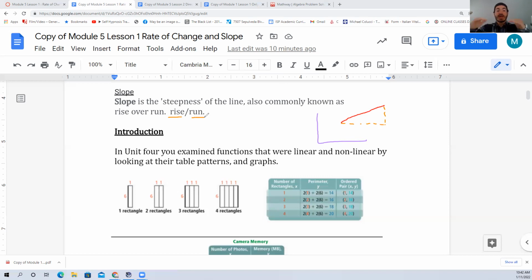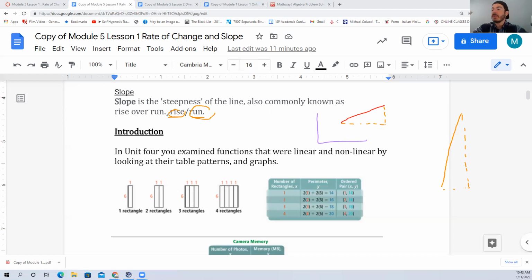All right, so the rise, how much it went up, divided by the run, how much it went across, will give me my level of steepness. So if I'm on a really steep hill, if I'm hiking and it's like this, look how much bigger the rise is than the run. This number is really high. This number is really low. So the total number is going to be pretty high.